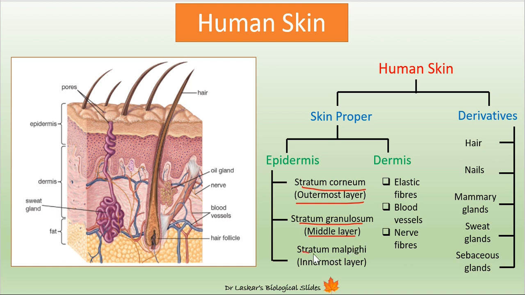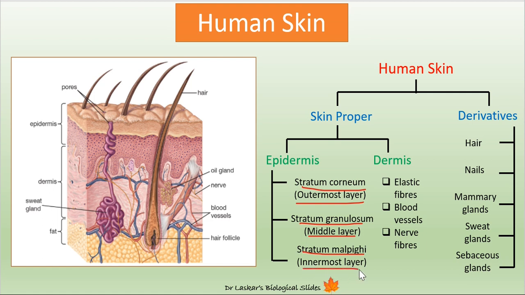The third, innermost layer of the epidermis is called stratum malpighi, or stratum germinativum. It is called germinativum because cellular division mainly occurs in this part. So new cells form here, and these cells shift outwardly to replace the worn out cells of the outermost stratum corneum.